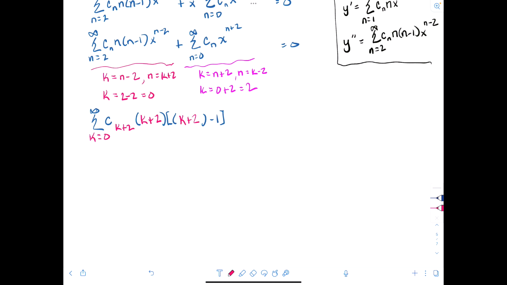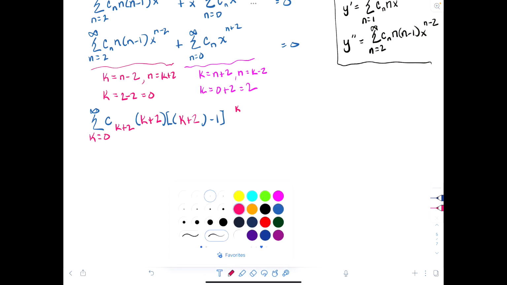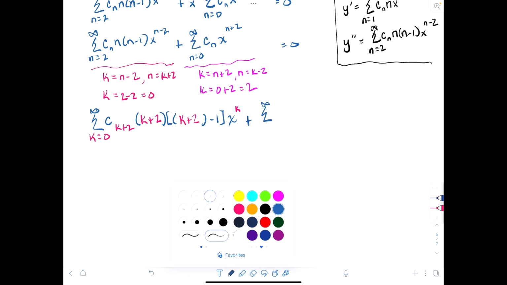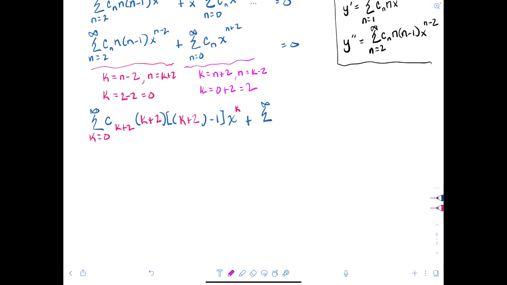And then what do we have left? We have x raised to the k. Cool, cool? Now for the second one, we will have plus the summation, k is going to go from 2 to infinity.